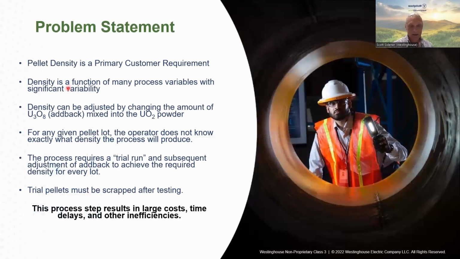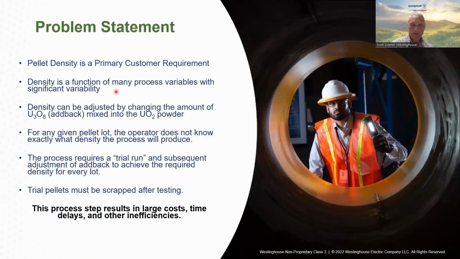Given that, we found over many decades of manufacturing nuclear fuel that the key output of our process is pellet density. We have to hit a very specific target pellet density for our customer. We've also learned that the density of these sintered pellets is a function of many manufacturing and chemical process variables.